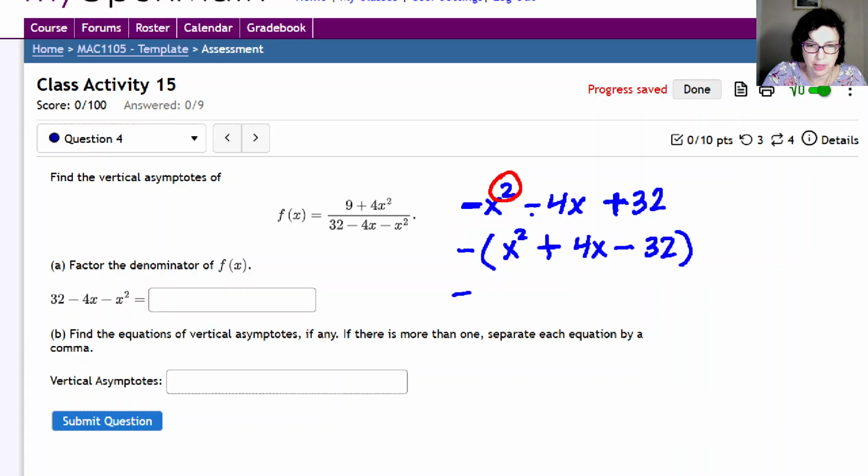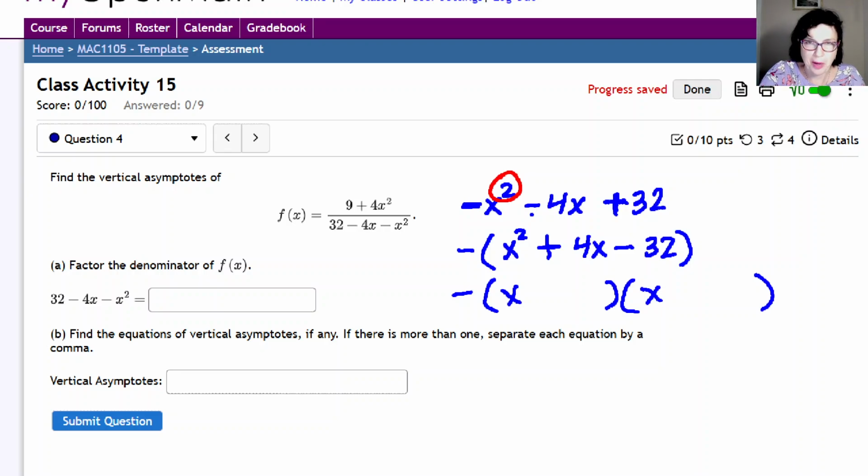So we're going to leave the minus outside. We are looking for two numbers, such that their sum is +4, and their product is -32. Okay, so maybe you know that 8 and 4 are multiples, right, of 32. And because the product is negative, one of them has to be negative, one of them has to be positive.